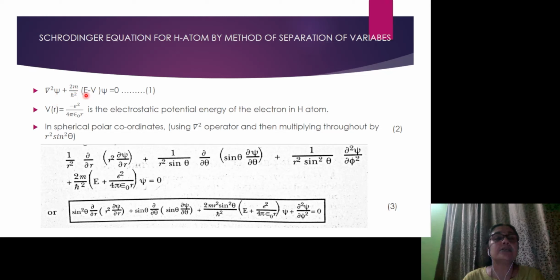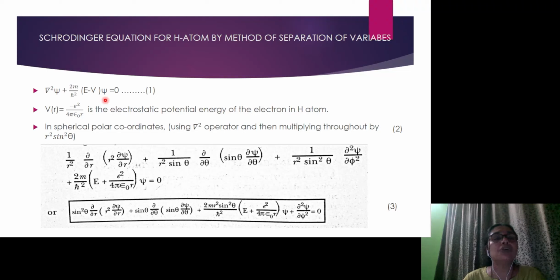Capital E is the total energy of the particle and V is the potential experienced by the particle. So equation number 1 is the Schrodinger's time independent equation of a particle in general.